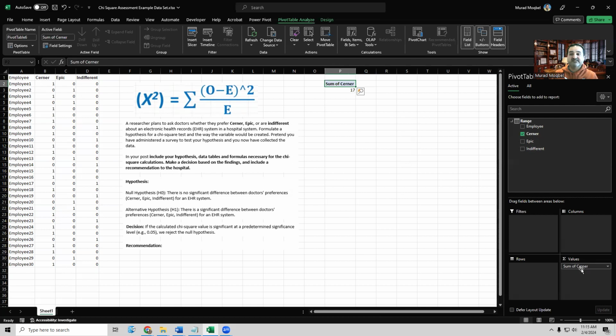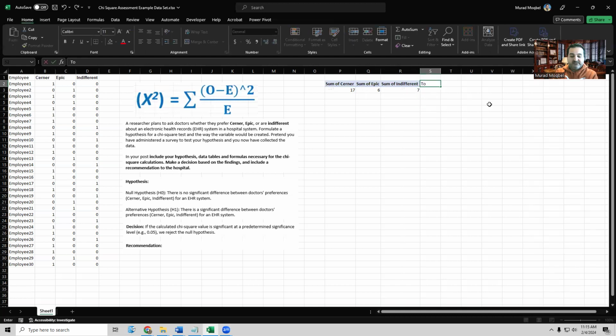So now I'm using the sum. If I had text here, then I might use count, but you get the idea. We need to make sure that we are calculating the number of employees that said they want Cerner, the number that wanted Epic, and the number that said they are indifferent. So this calculates it for us very clearly.